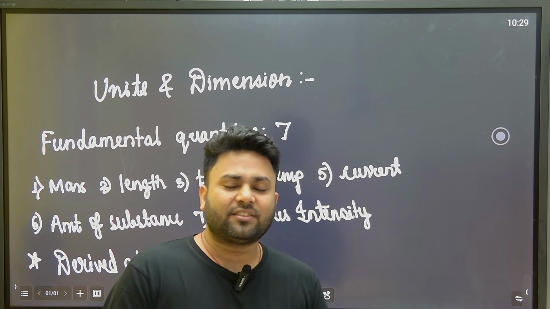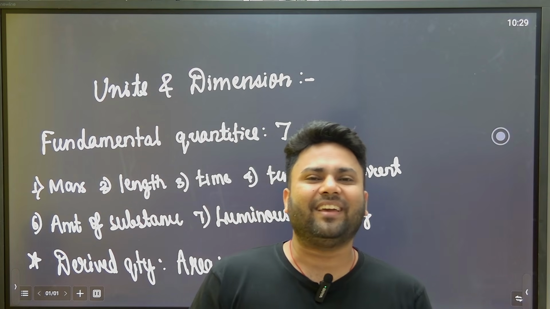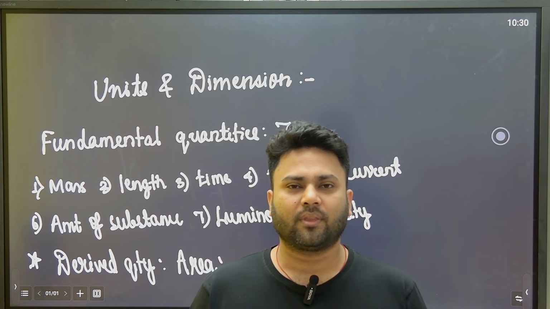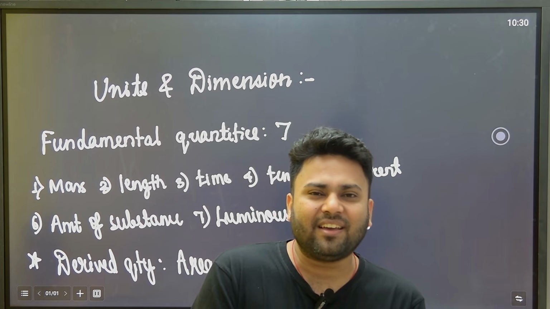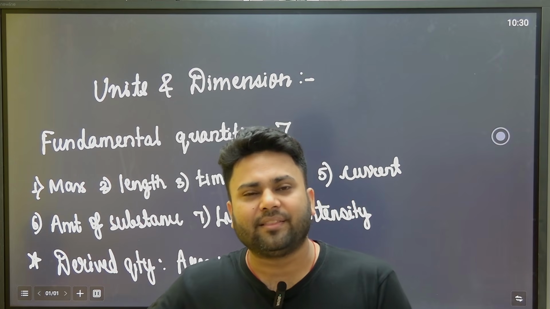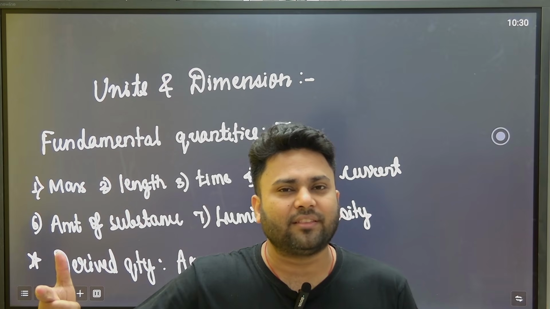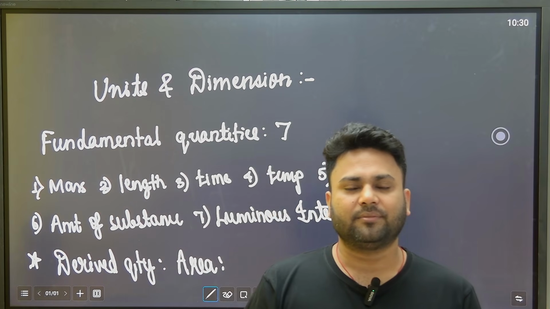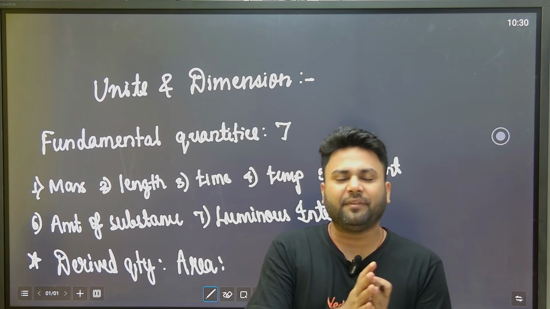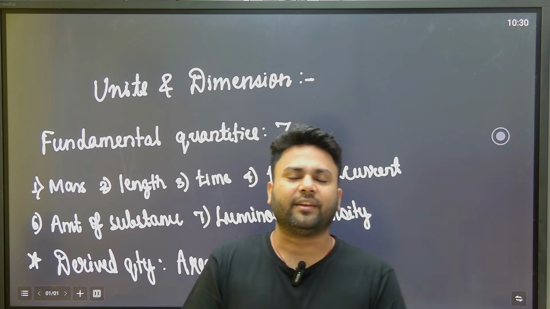Area is derived from length. What is area? Length into breadth. Breadth is also a form of length. So area is based on length, meaning if there was no length, we won't be able to define area. Correct? So this is the difference between fundamental quantity and derived quantity.